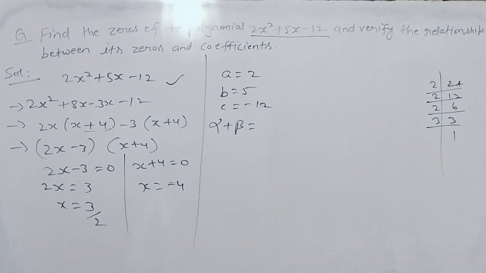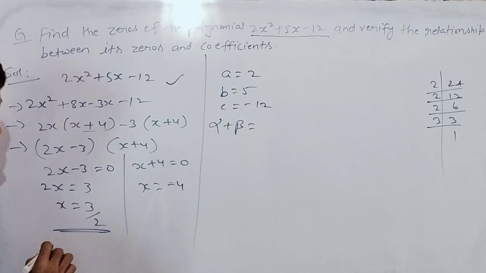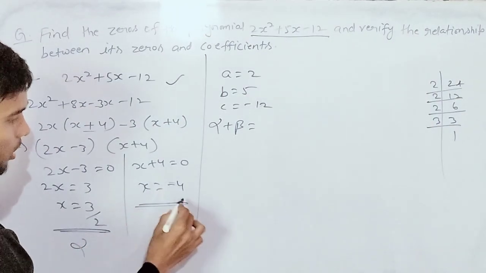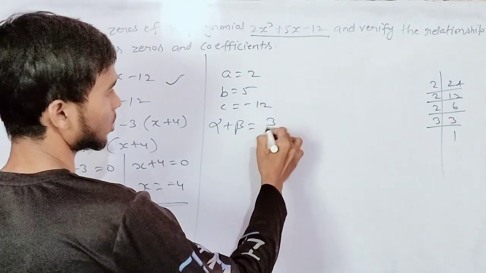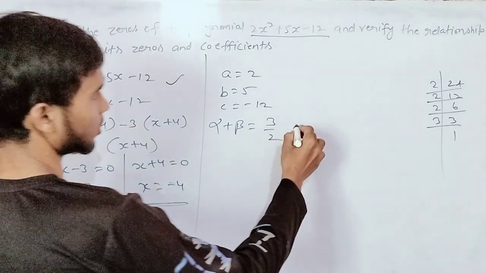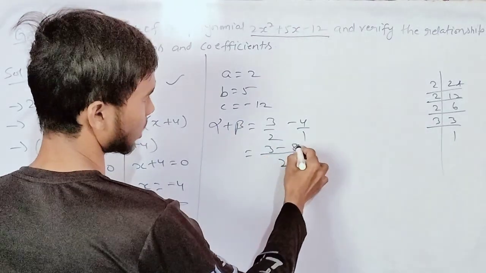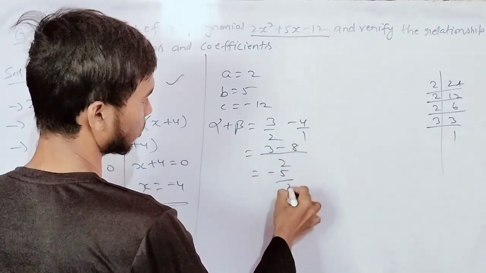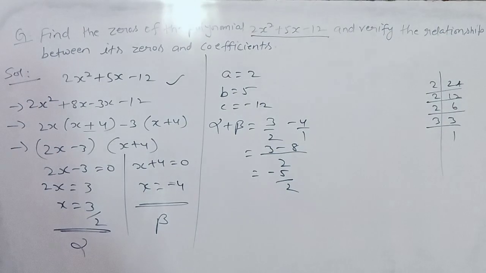Here we take this one zero as alpha and this other zero as beta. Now this is 3 upon 2 and this is minus 4. Two times 3 minus 4 gives minus 5 upon 2. This is the sum of two zeros.